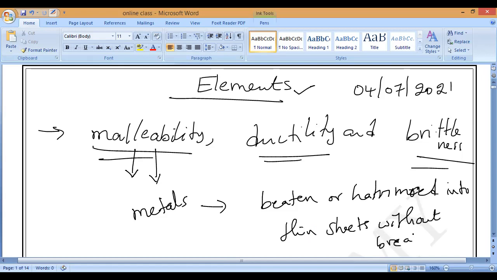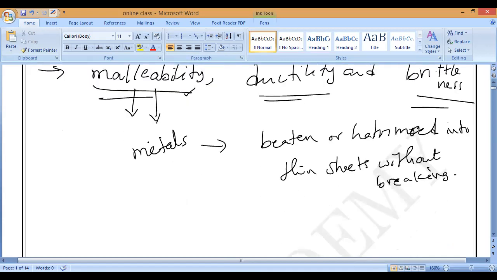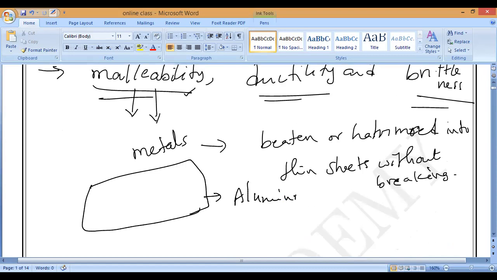Without breaking is called malleability. All of you understand? If any kind of metal is beaten into thin sheets, nowadays you can see aluminum foil. Do you know aluminum foil? It is a metal of very minute thickness, correct?